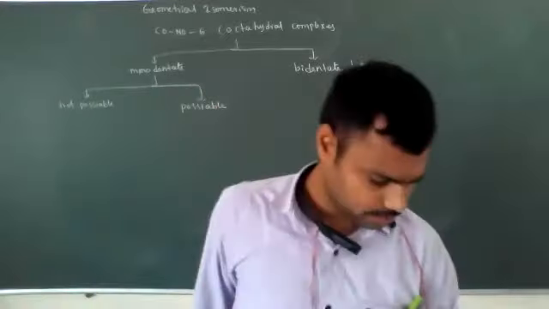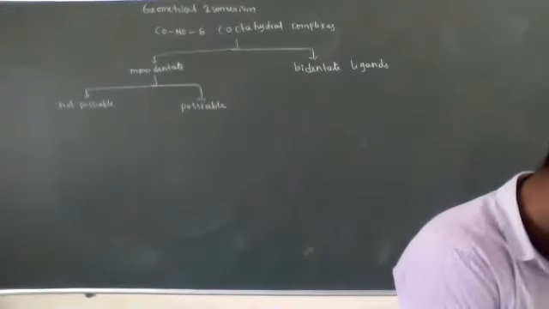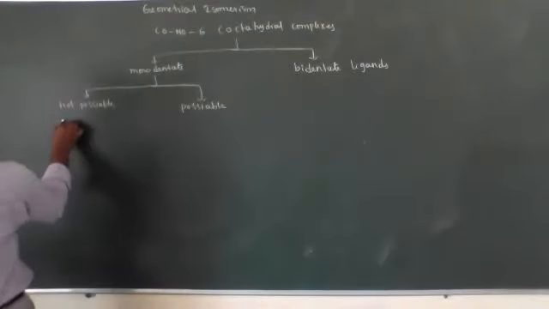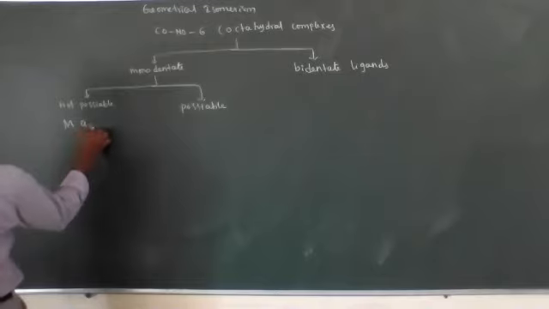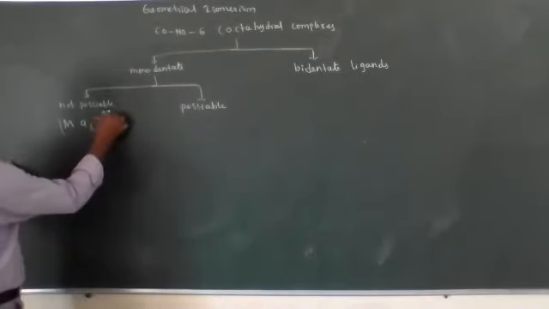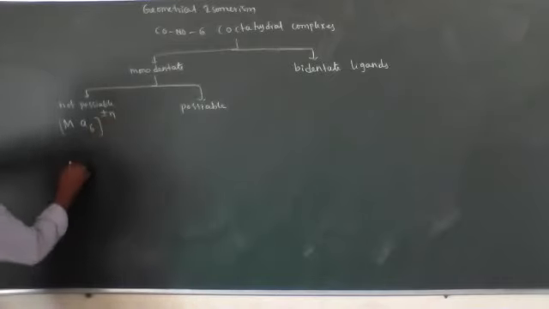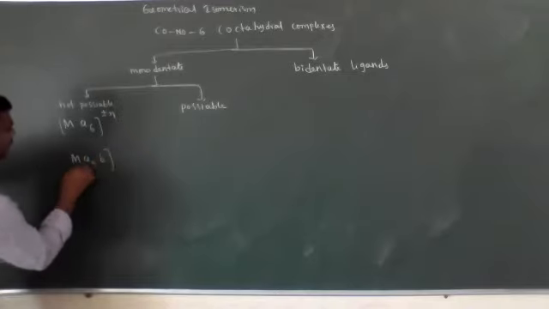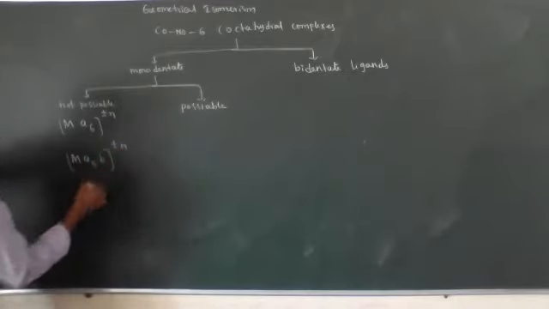See, MA6, all 6 ligands are the same kind, then it does not exhibit geometrical isomerism. MA5B, 5 are the same also, then it does not exhibit.